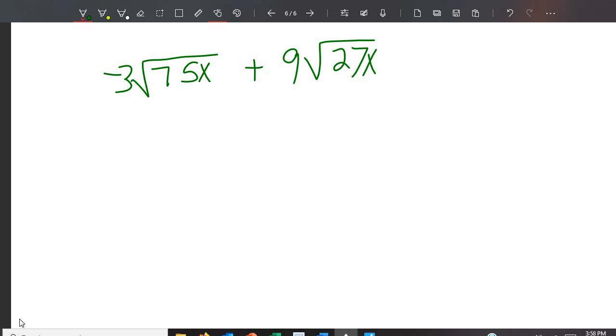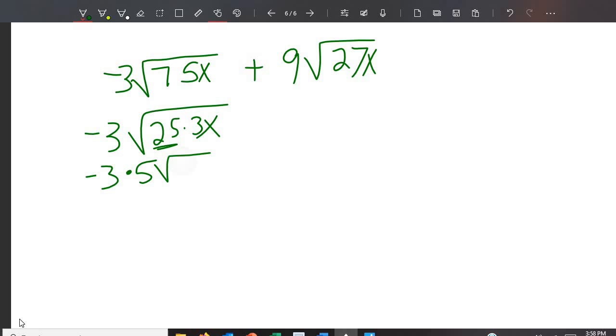All right. So let's try to break 75 apart. 75 is 25 times 3, then an x. Now I've got a negative 3 out here. I take the square root of the 25, which is 5. 3x is still underneath. Multiply those together. Get this.